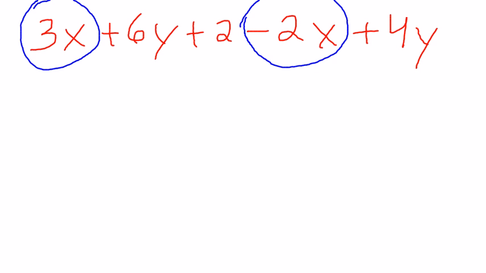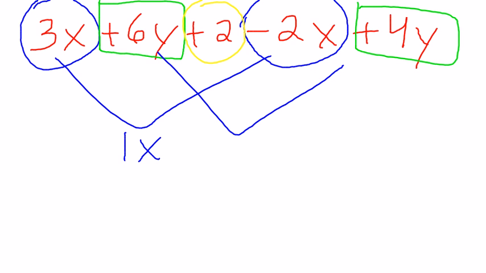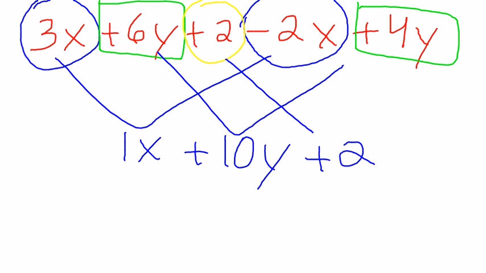Let's go ahead and circle all the ones with y's, making sure that we get the ones with their sign. This one also has a y next to it. And the 2 is all by itself. No friends. So I can combine like terms. 3x minus 2x is 1x. 6y plus 4y is 10y. And then the 2 comes down.